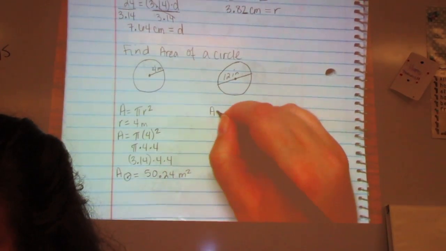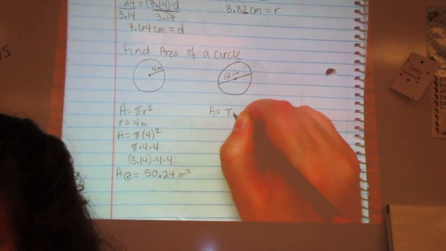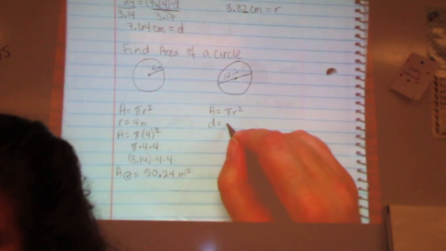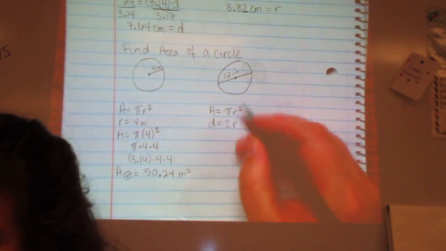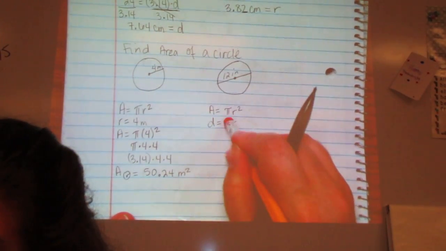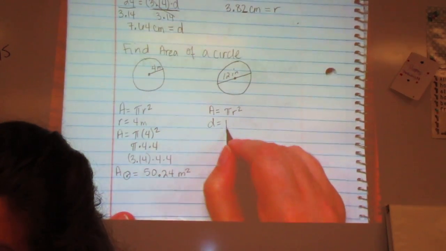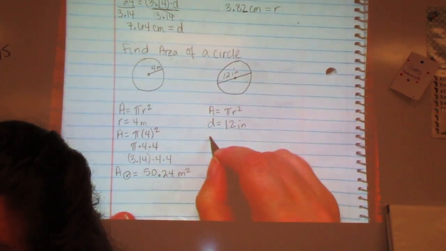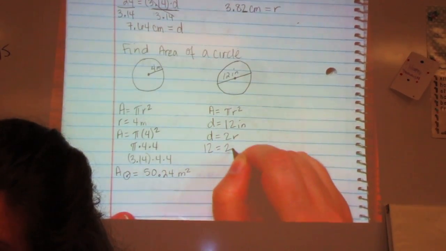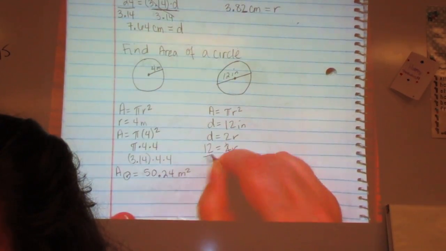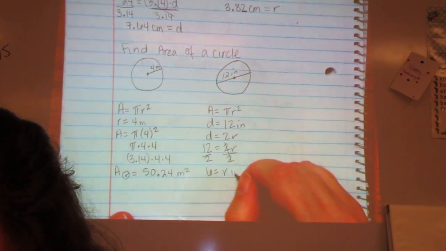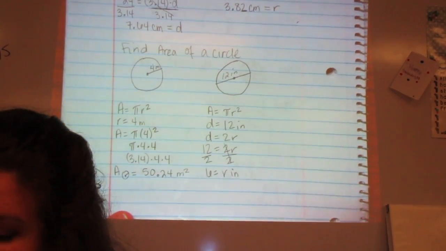Same formula here, area equals pi r squared. But here I'm not given the radius, I'm given the diameter. So I know my diameter is 2 times my radius. I'm given my diameter of 12 inches. And I know that my diameter is 2 times my radius, so I know that 12 equals 2 times my radius. Going to do the inverse operation and find that my radius is 6 inches.